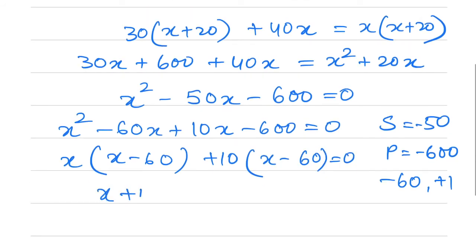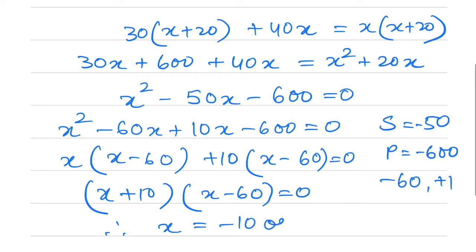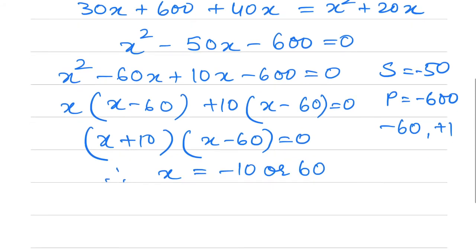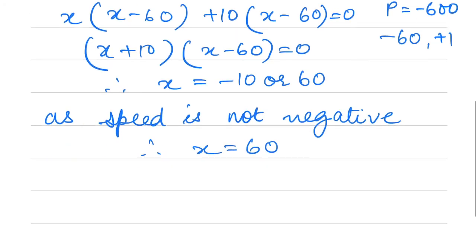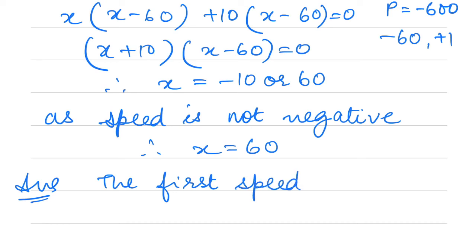So we have factors as x plus 10 and x minus 60. So therefore x is equal to minus 10 or 60, but as speed is not negative, therefore x is equal to 60. Now answer, the first speed is 60 kilometer per hour.